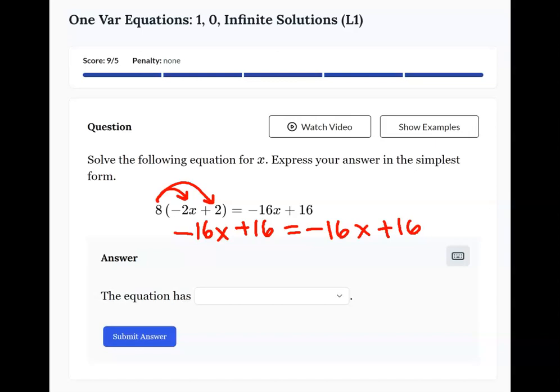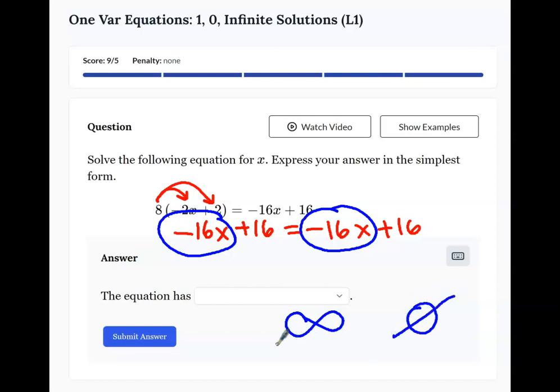Now, before you go on and do any more math, look at your variable terms. Do they match? If they match, you have one of these special answers, either infinite solutions or no solutions. And how you determine which one of these you have, because we know we have one of these, because our variable terms are a match, is that we can decide whether we have infinite solutions or no solutions based on our constant terms.